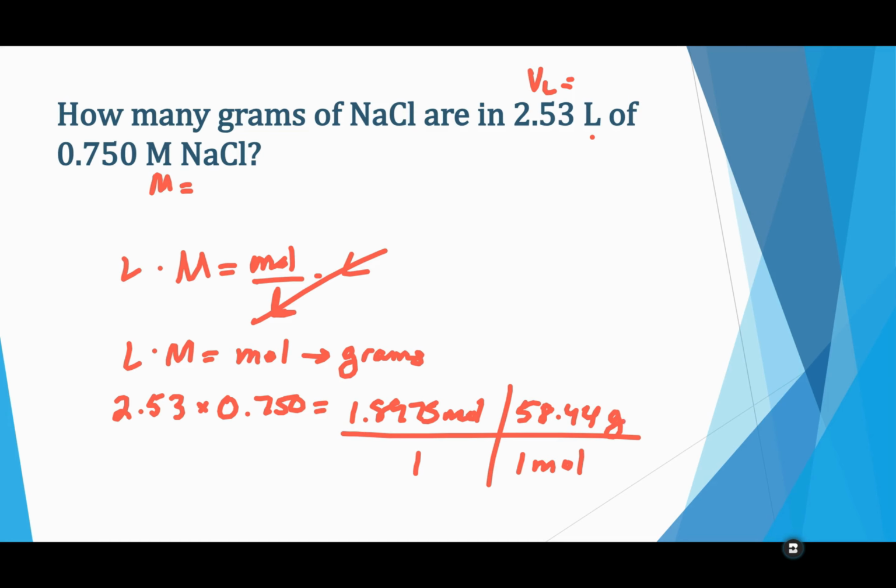So 1.8975 times 58.44 is 110.8899. With 3 sig figs, it's 111 grams of NaCl.